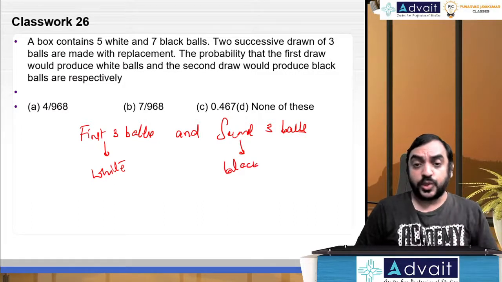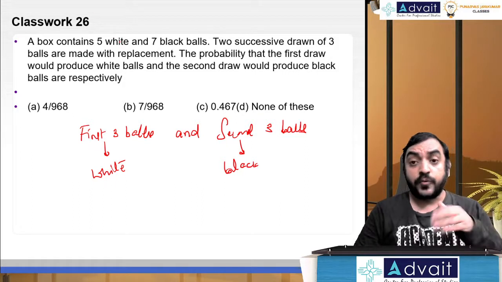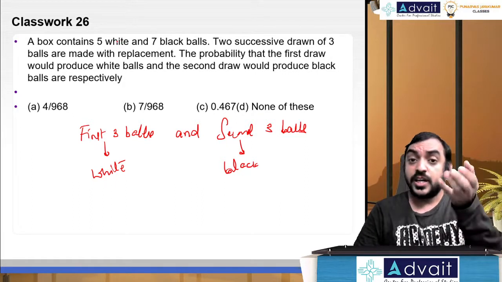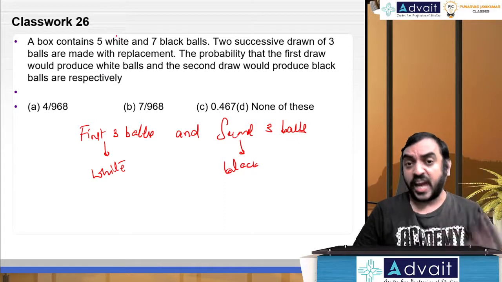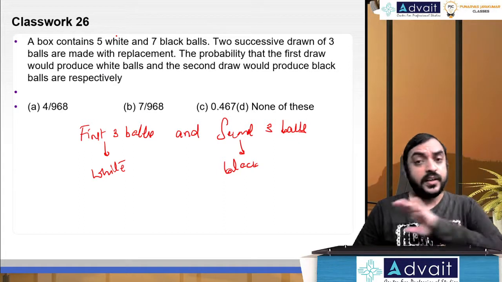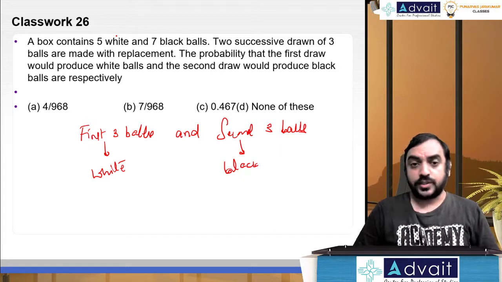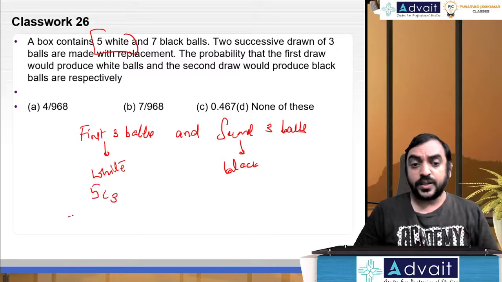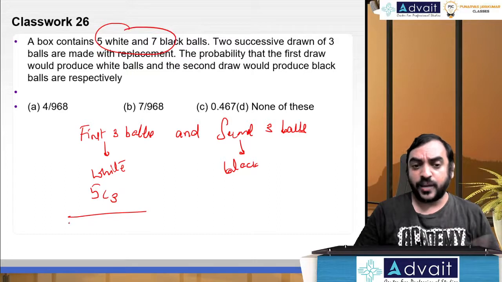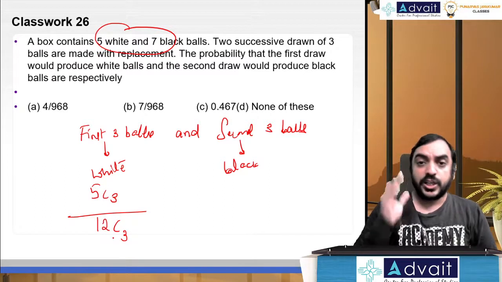Since you're selecting 3 white, whenever more than one selection, we apply the concept of combination. Numerator, we will have the condition. Denominator, we will not have any condition. So 5 whites and you have to select 3 out of it. So 5C3, this is the condition. Denominator, no condition. 5 white and 7 black balls. So total, you are selecting 12C3.